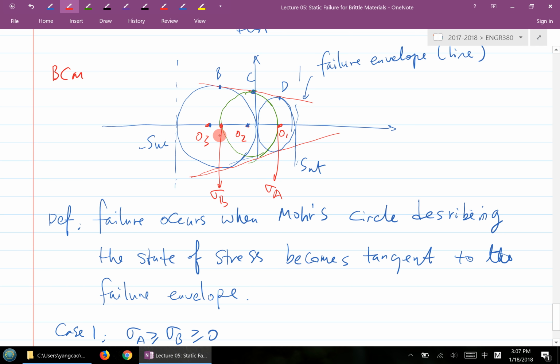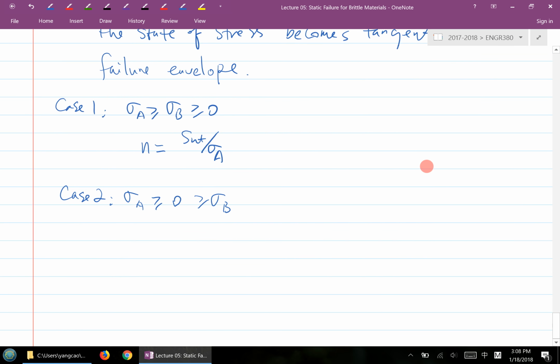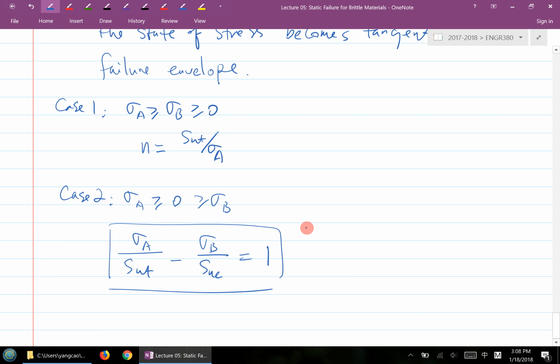If you look at my lecture notes, I have a detailed derivation. Basically, we can use some simple high school geometry here to derive these failure conditions. In this case, the boundary is sigma A over SUT minus sigma B over SUC equal to 1.